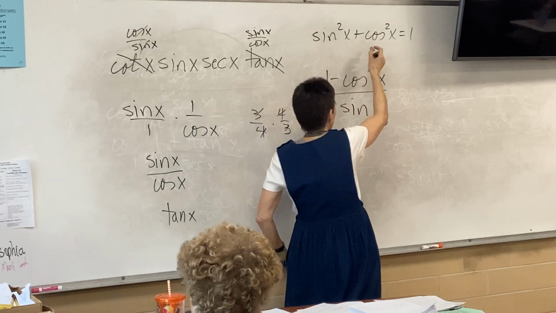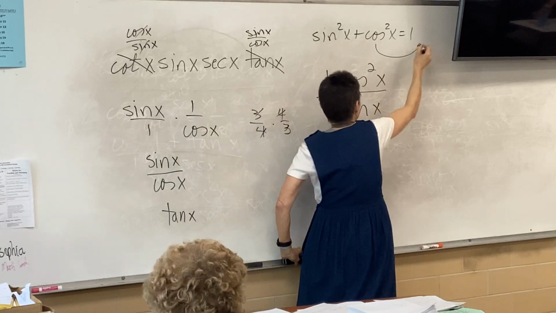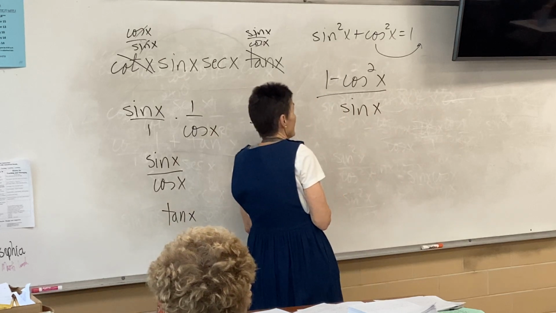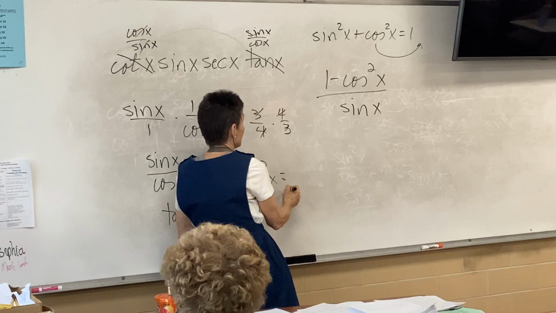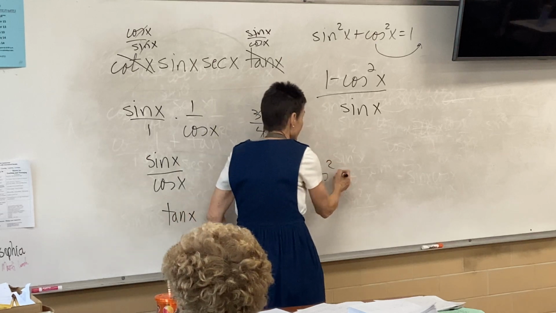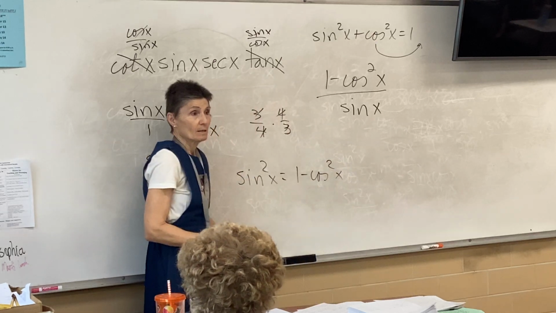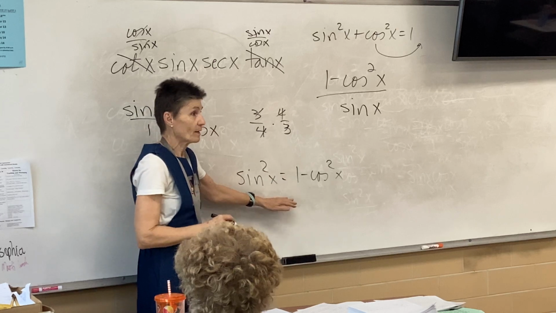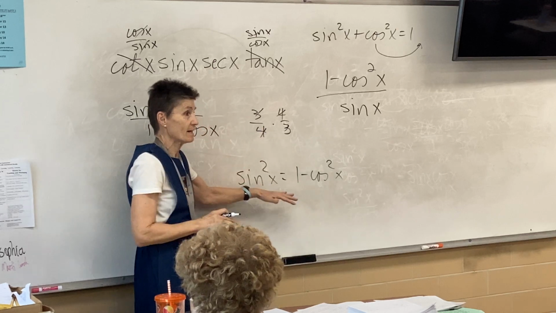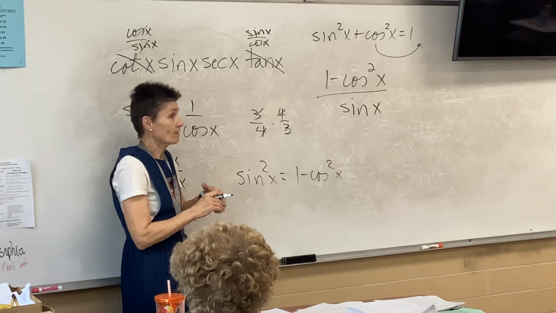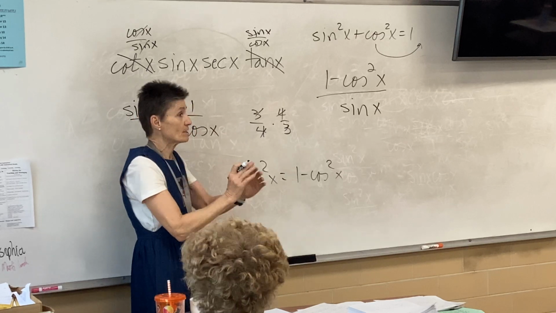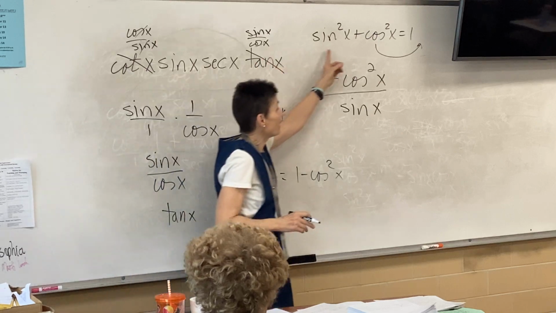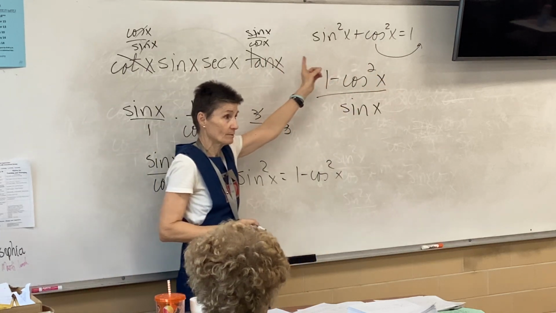If we subtract the cosine squared over to this side, doesn't it say sine squared equals 1 minus cosine squared? Guys, you need to know that. You need to be familiar with that. Sine squared is 1 minus cosine squared, and cosine squared is 1 minus sine squared, because of that identity right there.